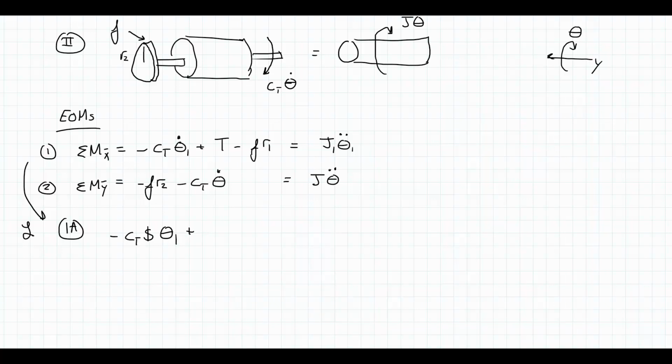now I already have capital T, it's a function of time. When I take its Laplace transform, I'll call it fancy T. Since it's already capitalized, I have to do something to it to notate that I'm now in the frequency domain. So big T was a function of time, fancy T is a function of S. Minus F, that is the force between the top gear tooth and the bottom gear tooth.